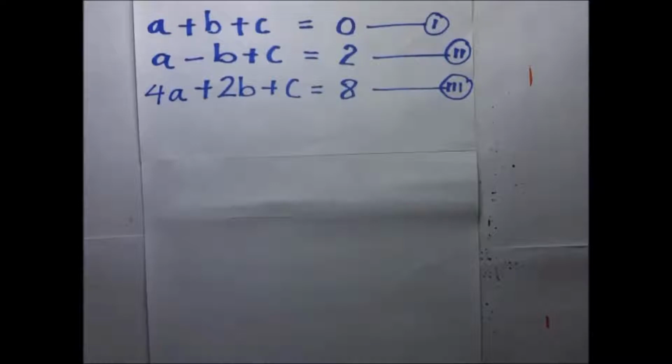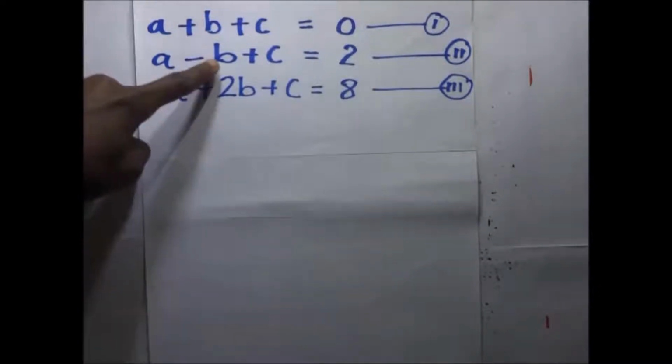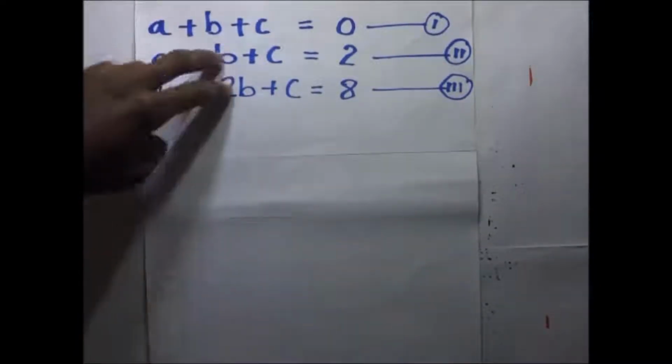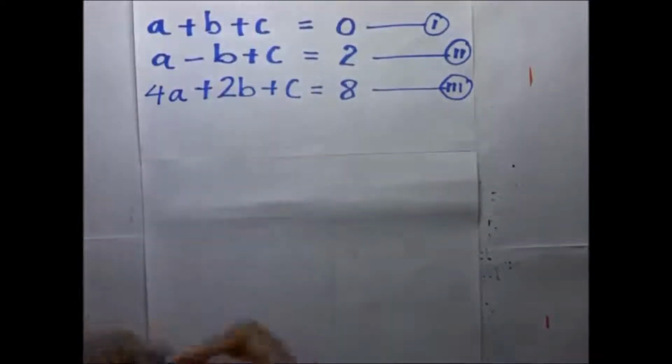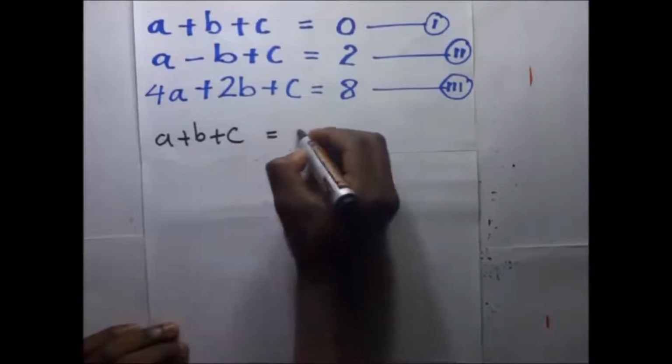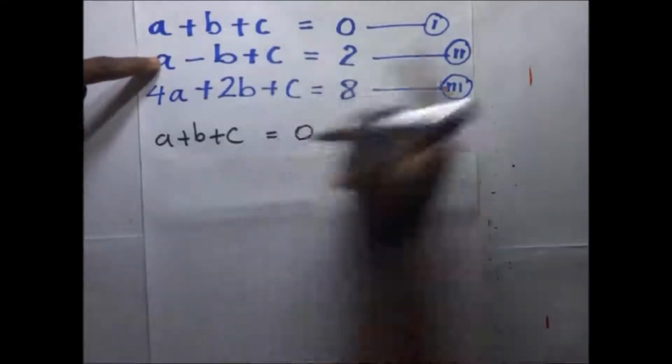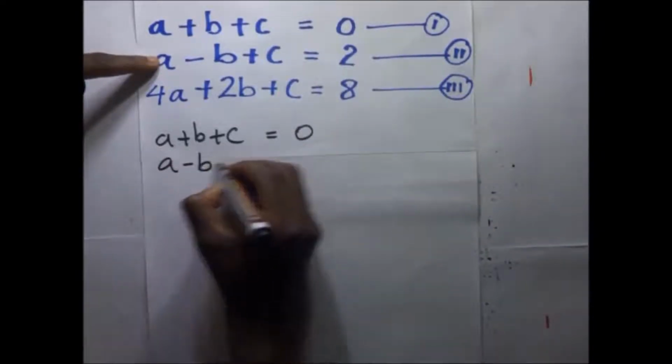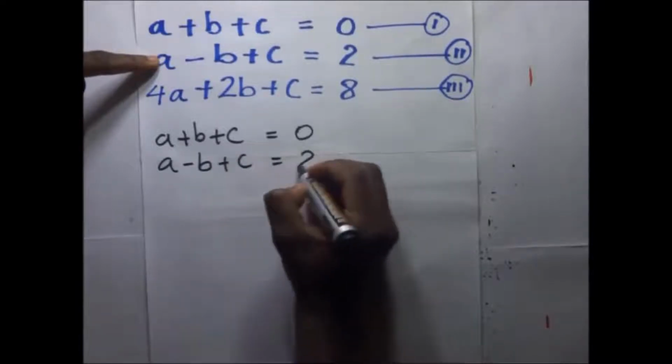Now the strategy we shall approach here is that we shall seek to eliminate b in the first 2 instances. So let's first pair these 2 equations. We have a plus b plus c is equal to 0, and then we have this one, a minus b plus c is equal to 2.